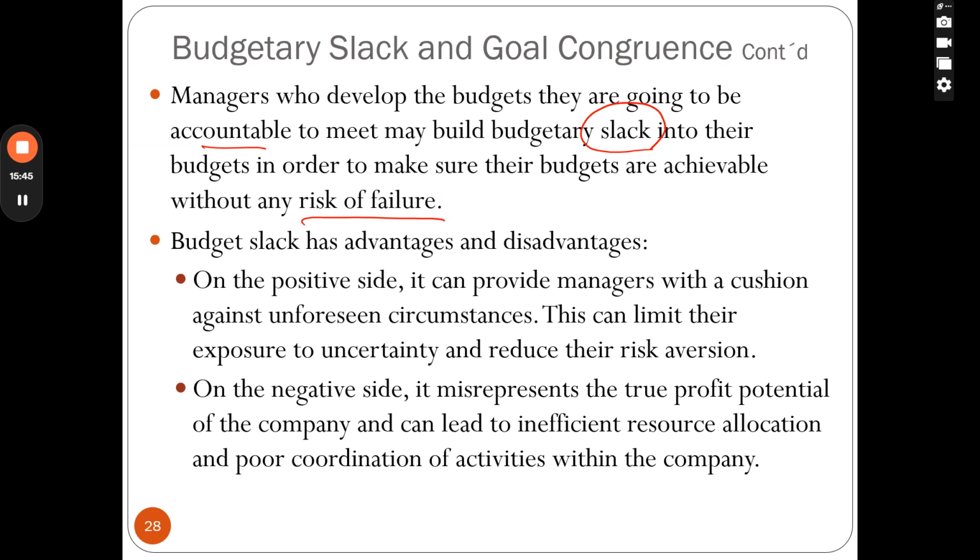The same example as I mentioned: I know that I am going to sell 1 million units, but I made a budget of 900,000 units. I'm creating a slack to make sure that I'm going to achieve the target.